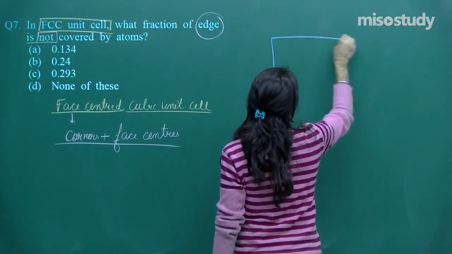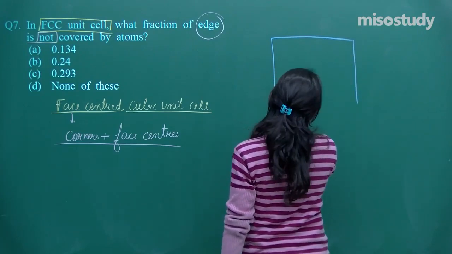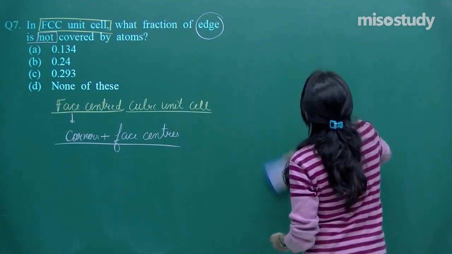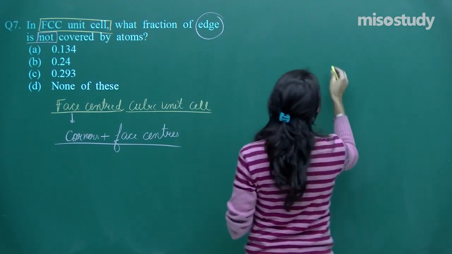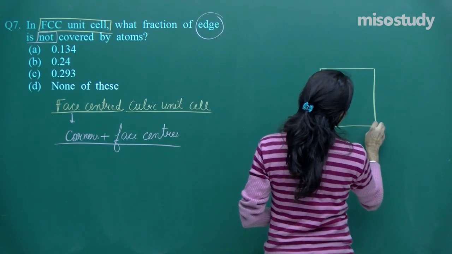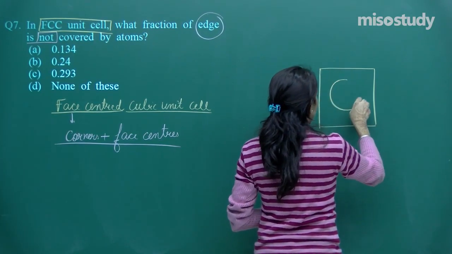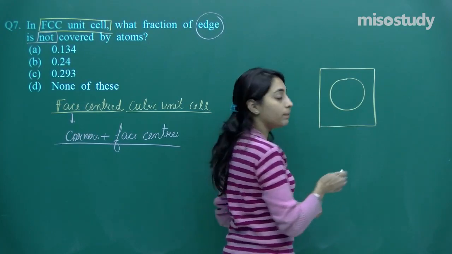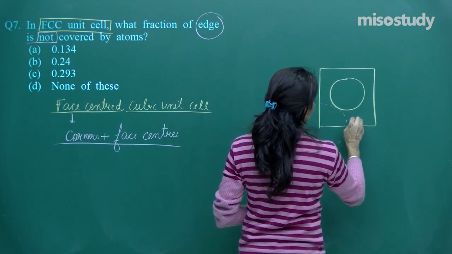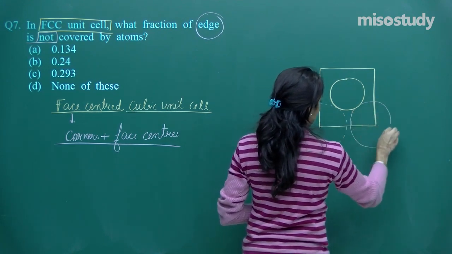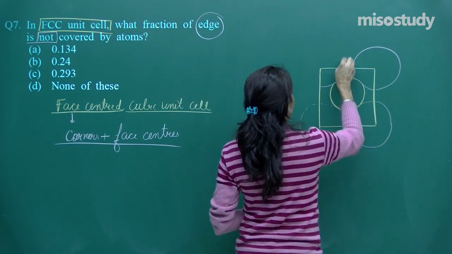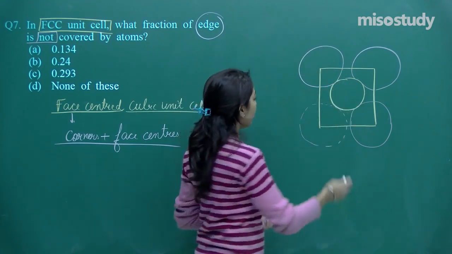So guys, can I draw the face-centered cubic unit cell something like this? So that is the face of the cube that I'll be drawing. Let me draw it again. An atom is there in the center. Something like this I have drawn.